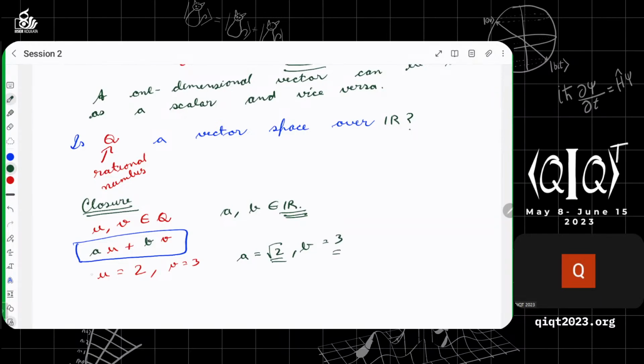So why not? In this case, what will this be? This will be root 2 into 2, so 2 root 2, plus 9. Now, is this a rational number?